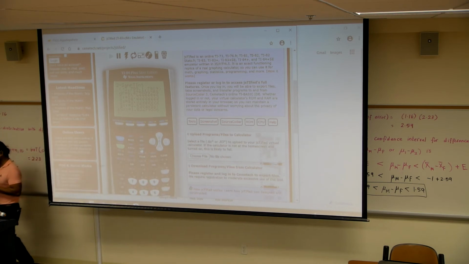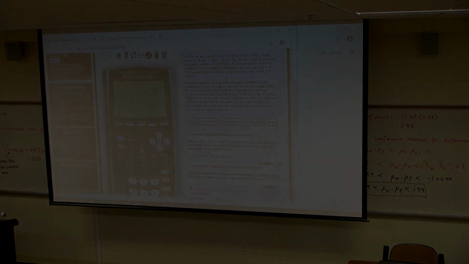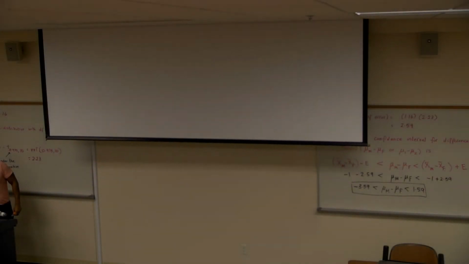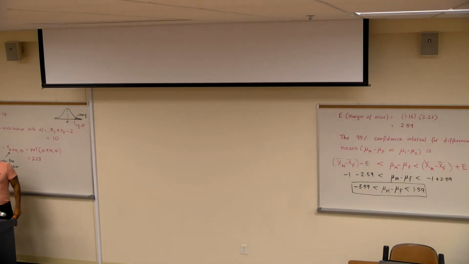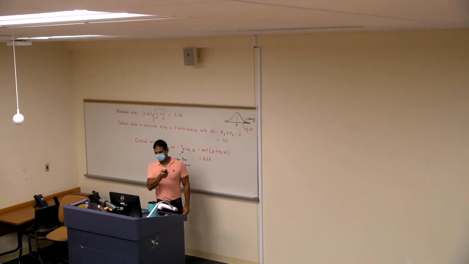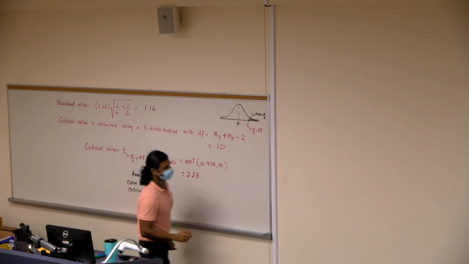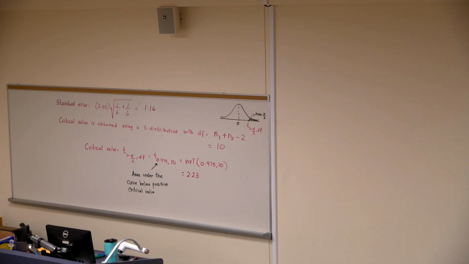After a bit of research, people found out that using the minimum of n1 minus 1 and n2 minus 1 is not the most accurate way to obtain an interval. So, a guy named Welch... what is the degrees of freedom that we had? 6.47 something?